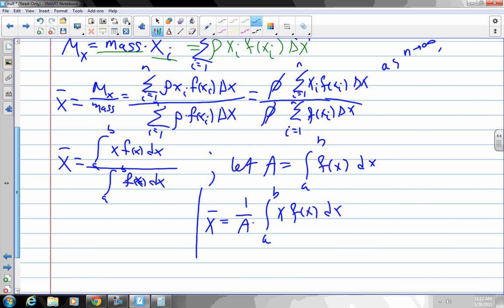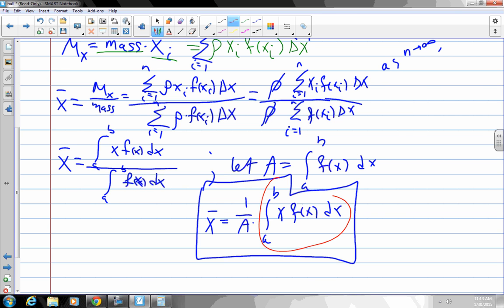This is the location for the x coordinate of that centroid. And this integral is the moment in the x direction.